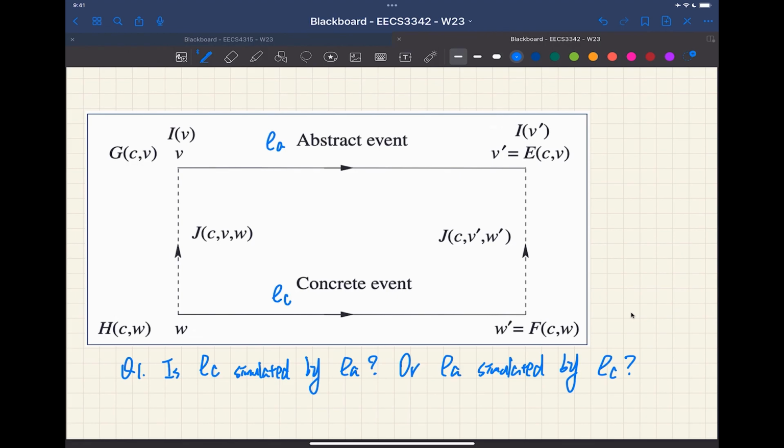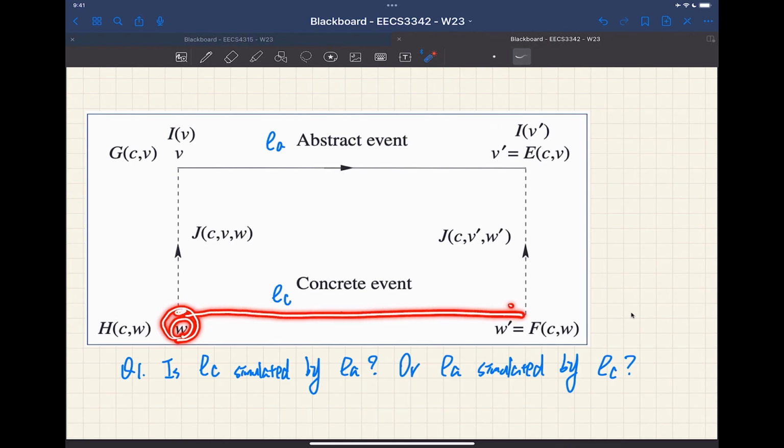Another question could be, you can simply describe what's the story behind this particular diagram. Maybe without writing down, I can just talk briefly, right? You can say, starting with a concrete pre-state over here, because the W is all the concrete variables. Starting with this particular state, we are trying to make a concrete transition by taking the occurrence of the concrete event.